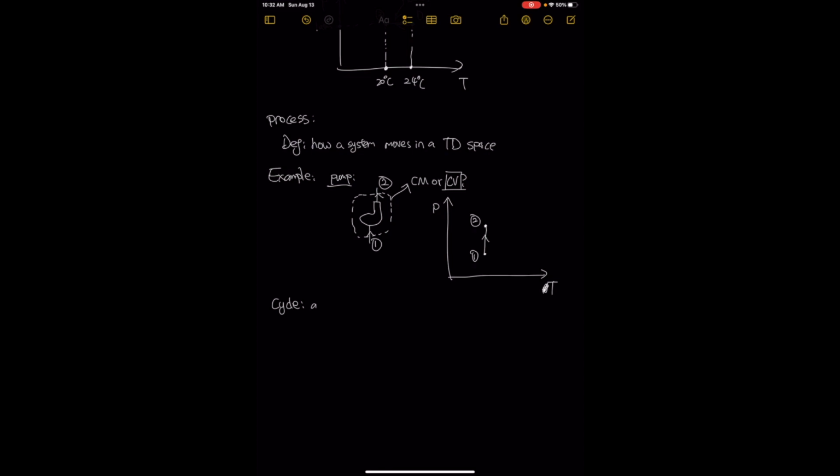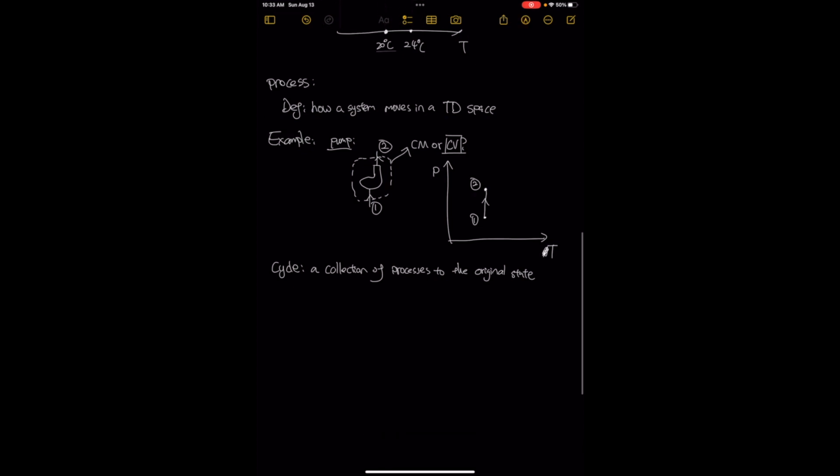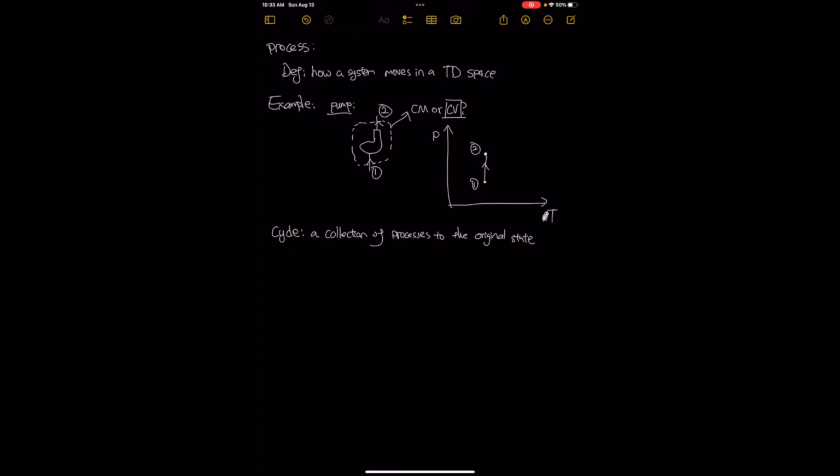A cycle is a collection of processes that returns to the original state. One example I will give you is a diagram you may see a lot in the future.